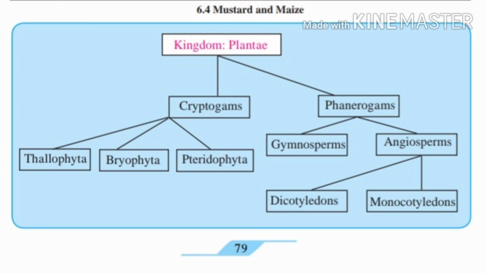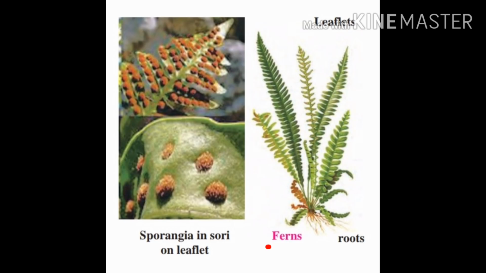Now we are going to start with the third subdivision of cryptogams, that is Pteridophyta. Students, you might have seen the fern. In Marathi it is called neche, or it is also called Nephrolepis. These plants do not have flowers, but they have root, stem and leaves. If you see the backside of a mature leaf of a fern plant, you will observe brown spots. Each spot is called a sorus.